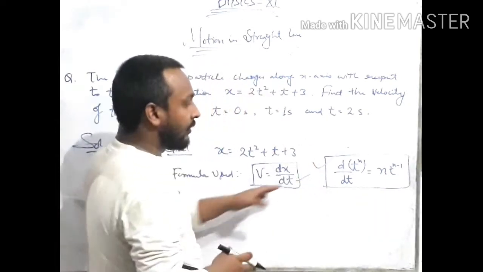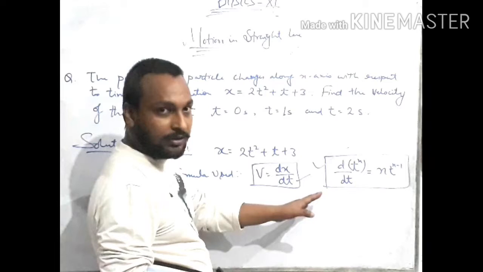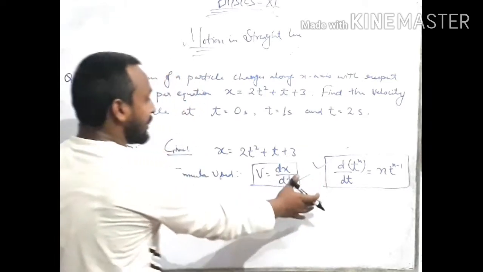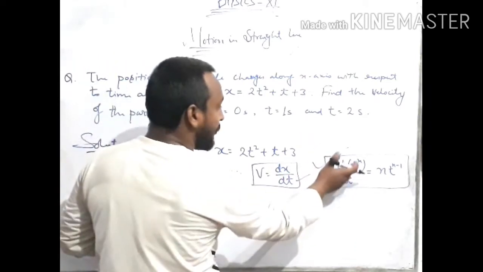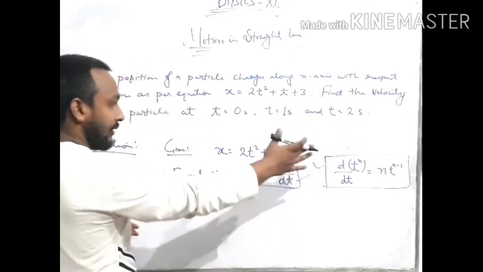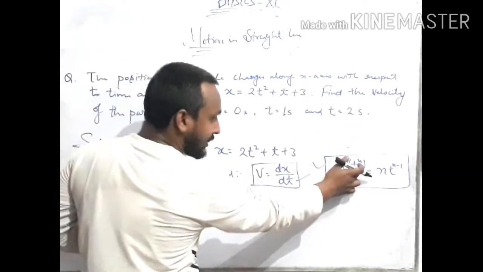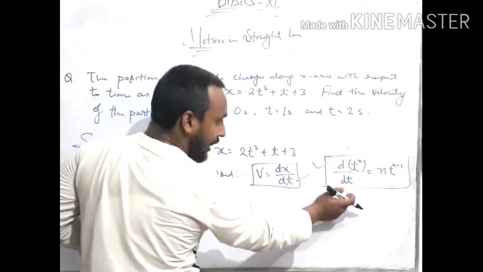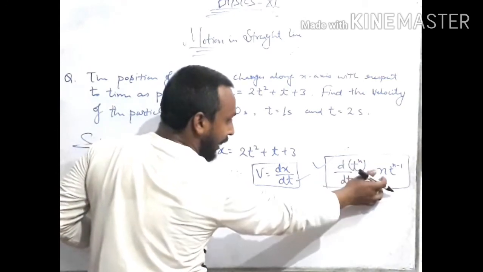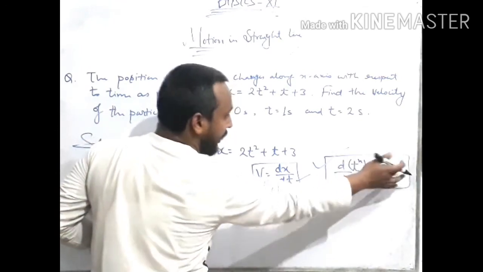This will be explained in Mathematical Tools of Physics, but you must know this. This is the differentiation of t to the power n with respect to t. The power is multiplied and the exponent is reduced by 1.